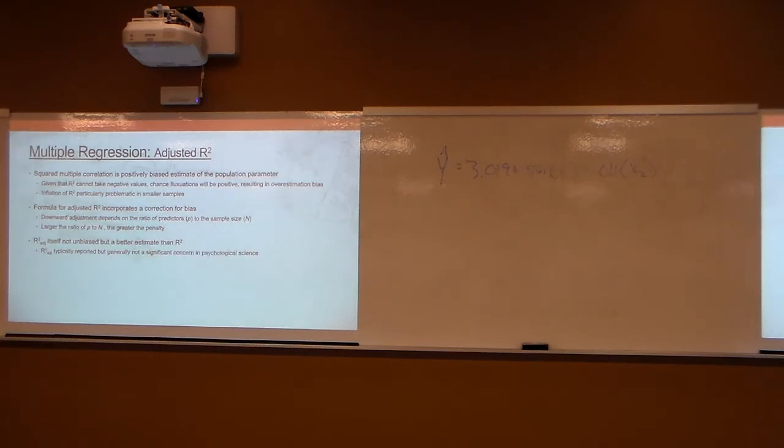Once again, just like when we were talking about omega squared and eta squared, omega squared is still a positive biased estimator of the population coefficient in ANOVA, but it's better than eta squared. Same thing, adjusted R squared is not unbiased, but it's a better estimator than R squared.